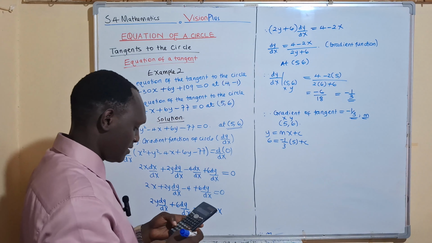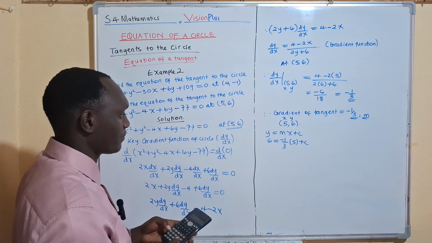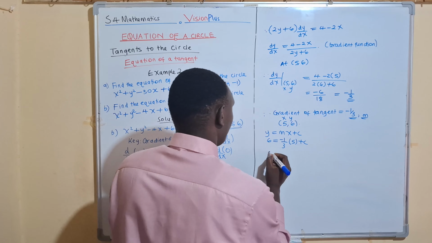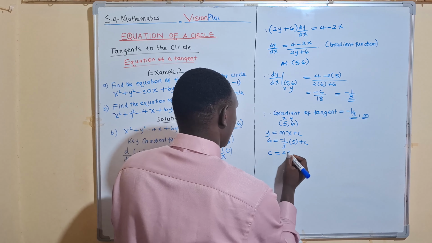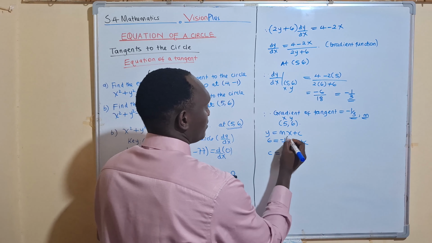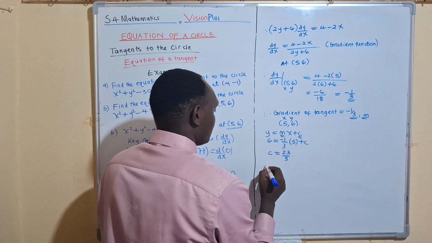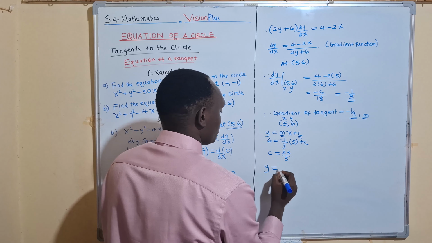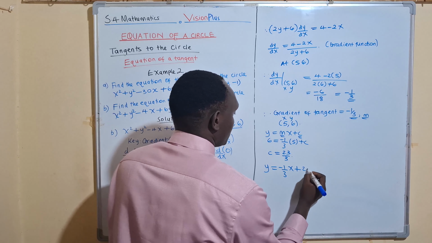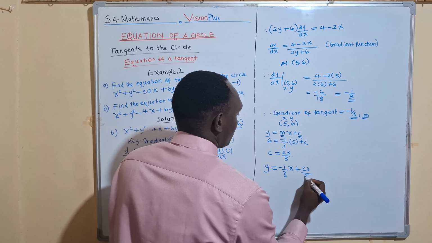Then you find c: 5 divided by 3 plus 6, so c is 23/3. After getting c, you substitute for m and c here. Therefore, the equation becomes y equals -1/3 x plus 23 out of 3.